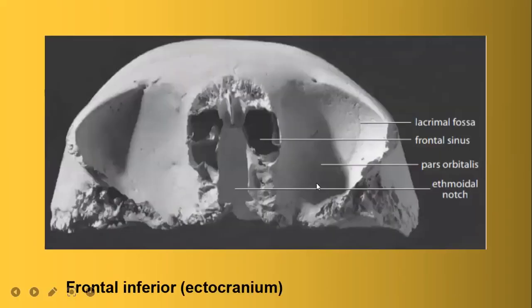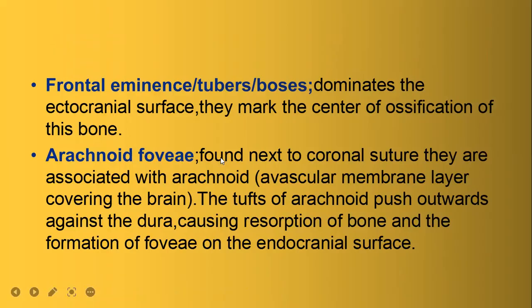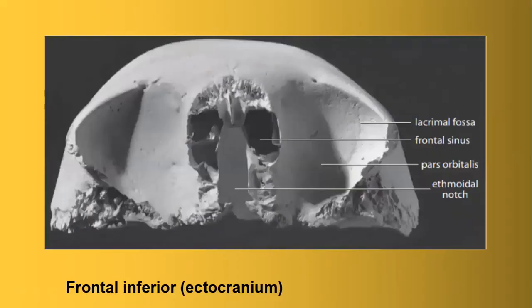So the arachnoid foveae are associated with the arachnoid itself, the membrane layer covering the brain, whose tufts push outwards against the dura, causing resorption of the bone and the formation of foveae on the endocranial surface. So this is majorly the physiologic part of the frontal bone, of which we have the development of that endocranial surface.